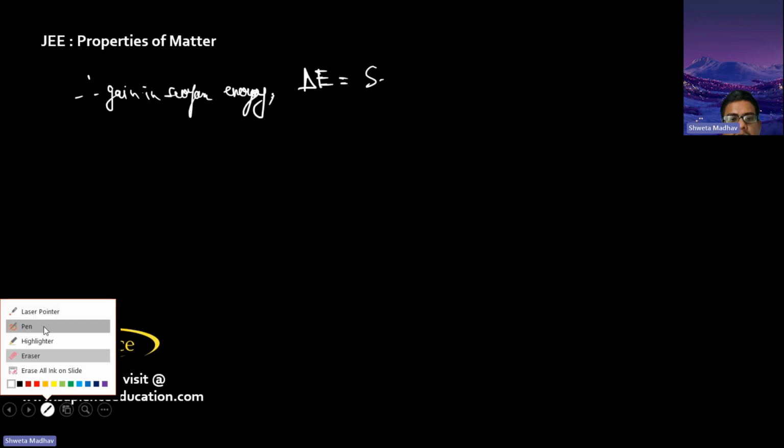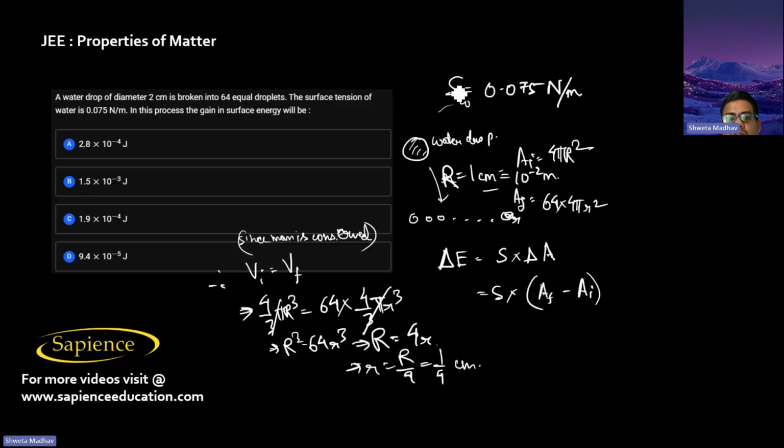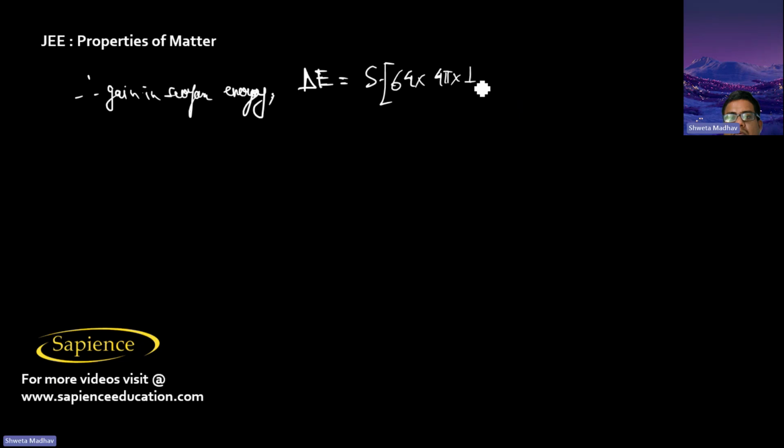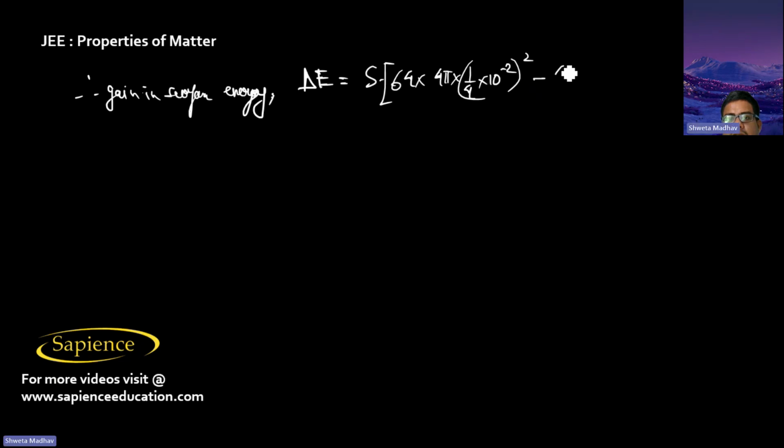The final area is 64 into 4 pi small r square, which is 1 by 4 centimeter, means it is 1 by 4 into 10 power minus 2 whole square, minus 4 pi R square, which is 4 pi into 10 power minus 2 whole square.